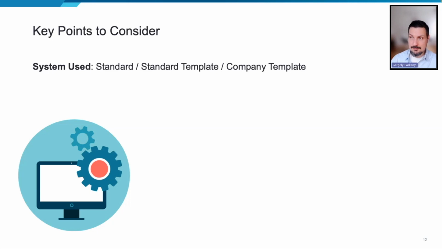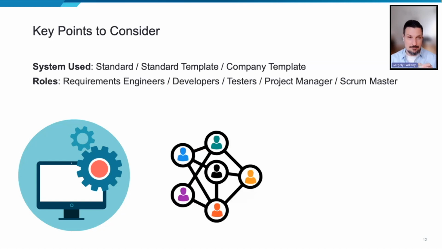So you can purchase an ASpice ready Codebeamer template, and if your company eventually is going to apply Codebeamer to an ASpice environment, then maybe it's a good idea to start, instead of the absolute standard, with a standard template. And even the initial trainings could take place within the standard template. And then after the development and deployment, we'll have a company template, which will 100% match your company's needs. Then that will also be the system for the training. So this changes through the implementation process.